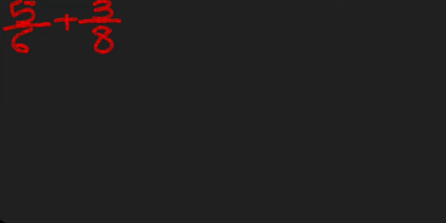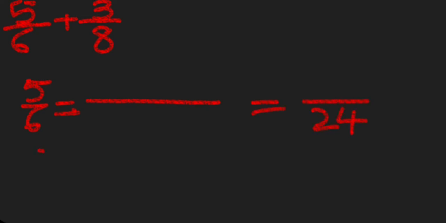Now I'll convert these numbers. 5 upon 6 I'll convert into an equivalent fraction. I have to make the denominator as 24, that is the LCM, and 3 upon 8, I have to convert 8 into 24.